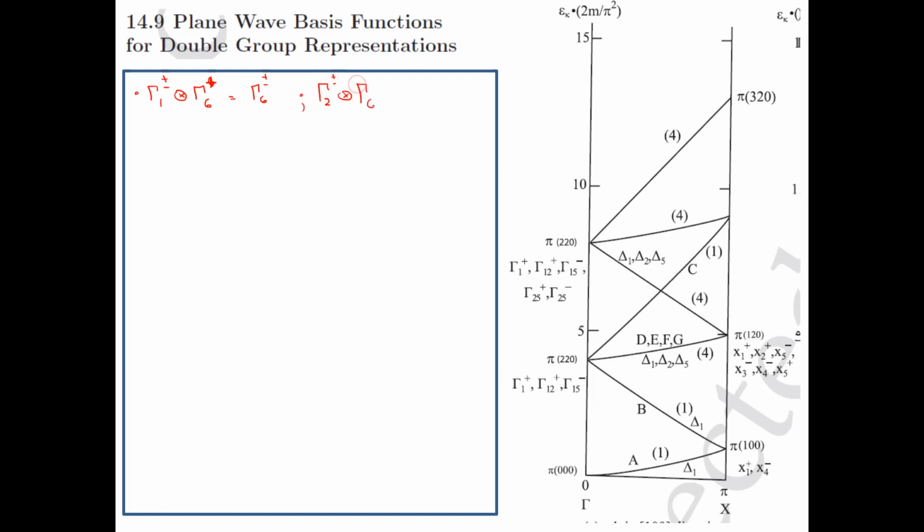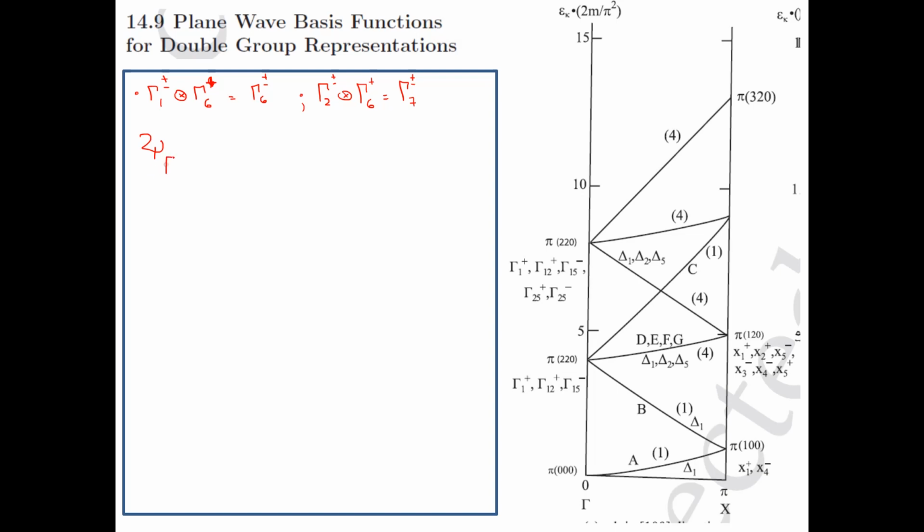When you make the direct product between that and the spinor, you get gamma 7 plus or minus. Again, it's not split. What about the basis functions? So again, the basis functions, it's going to be just the original plane wave basis functions multiplied either by spin up or spin down state.